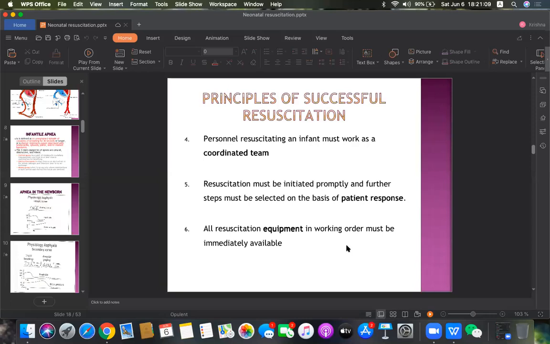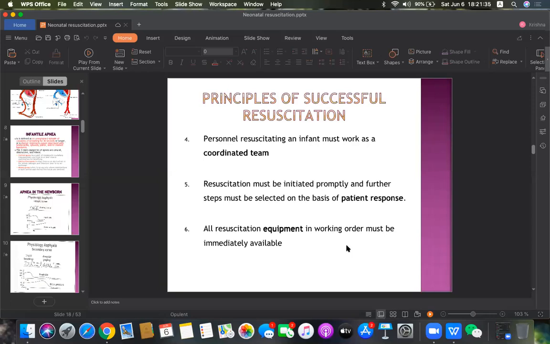This is called a good response from the patient. Another point, if the baby was not responding before, now the baby starts to respond, the baby starts to move the limbs. This is another response from the patient. And third, the baby starts to cry, the baby starts to breathe. So these are very, very important points we should check while we are doing resuscitation.